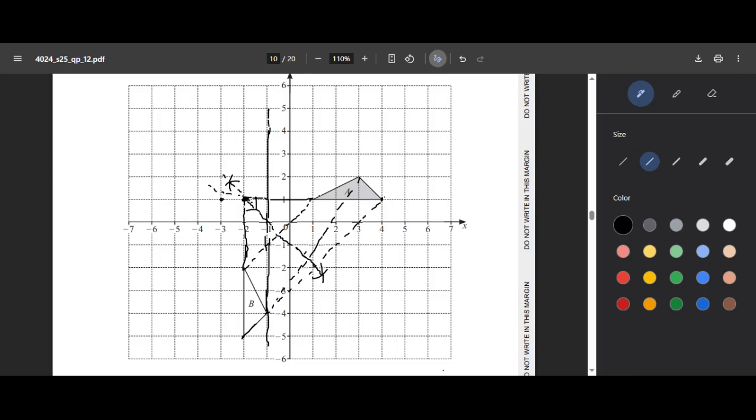And this is 1, 2, 3, 4, 5. So from here, 1, 2, 3, 4, 5. This is the point. And this one is 1, 2, 3, 4. This is the corresponding point. So join these. This will be the reflection of triangle A in the line x equals minus 1. So this is triangle C.